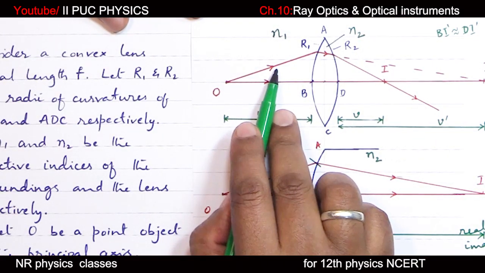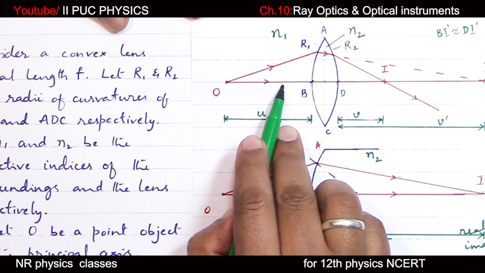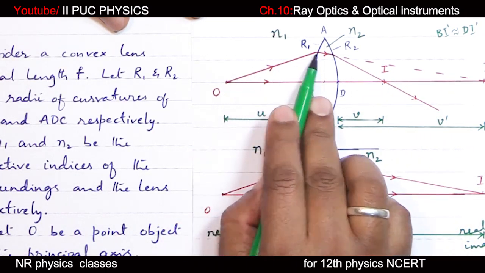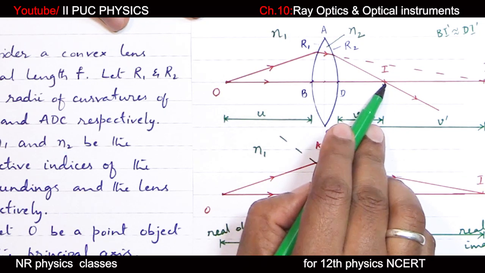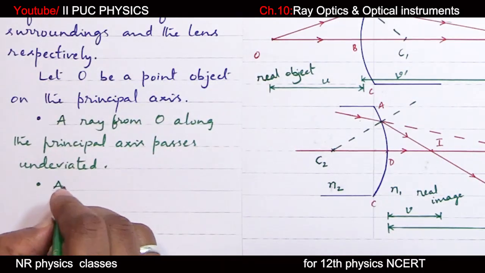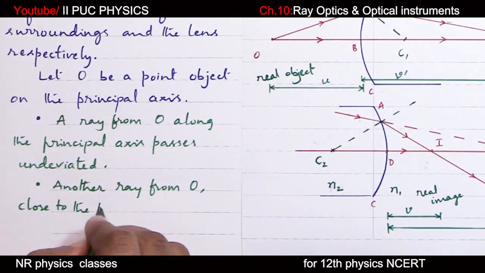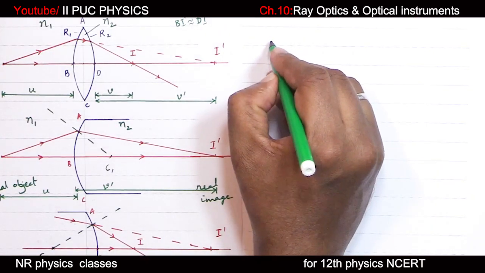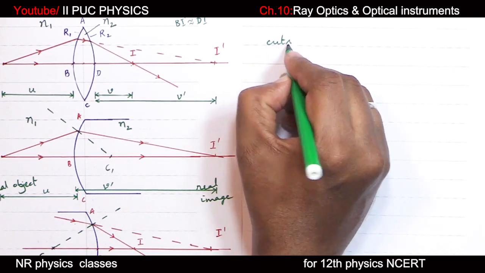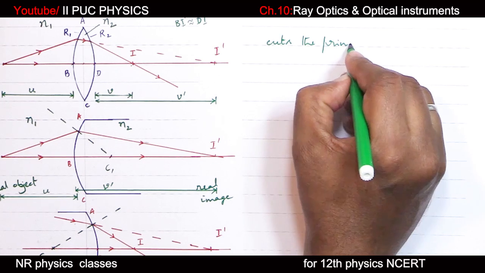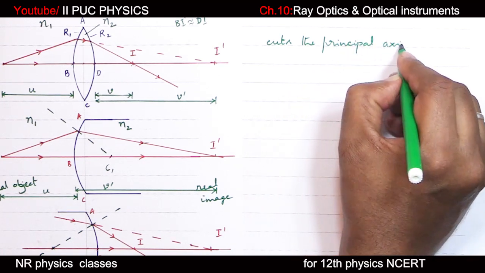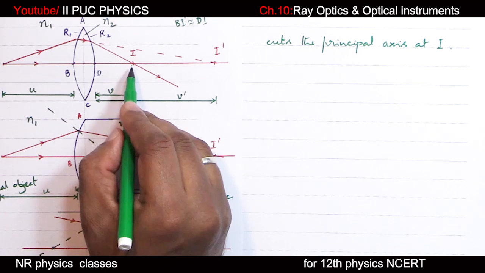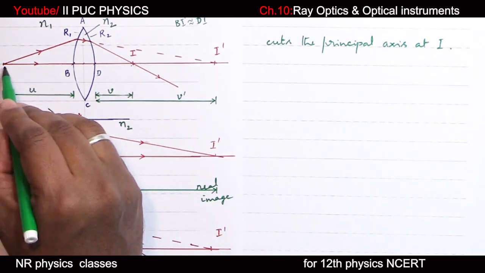Another ray from O close to the principal axis undergoes refraction and cuts the principal axis at I. So this is the path, where I is the real image of the real object O.